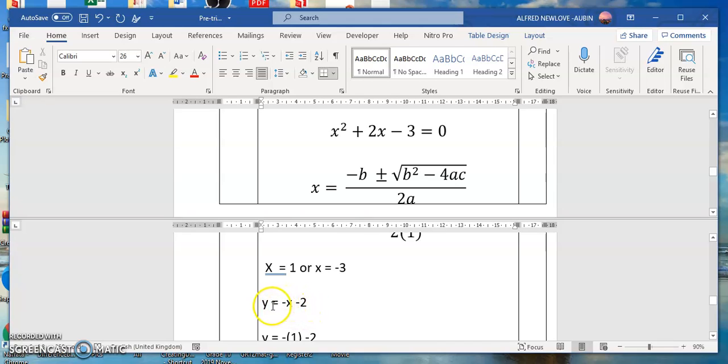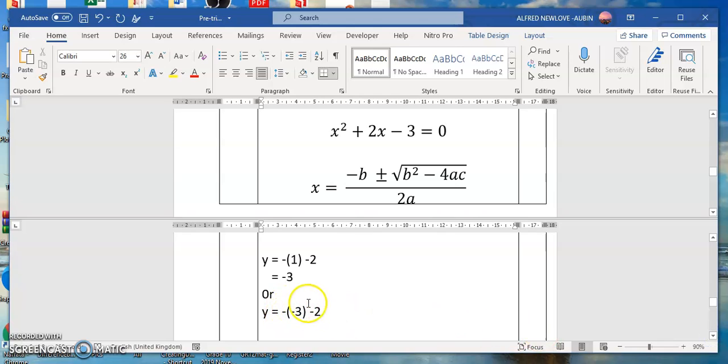Remember we solved for y to be minus x minus 2. So we are going to substitute this 1 into this equation. So you have your minus 1 minus 2, which is going to give us minus 3. Then the next one, your x is minus 3.